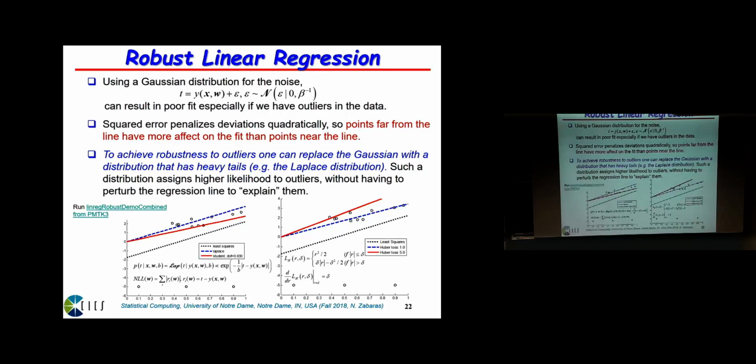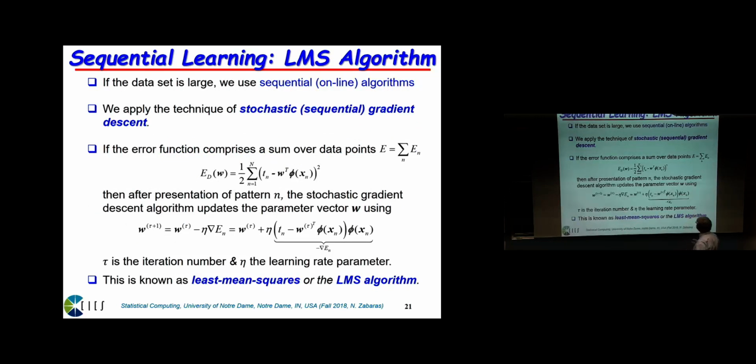I told you I'm going to be throwing lots of little things in between without proofs. They're in the notes. So let me tell you something that is wrong here. The error that we minimize accounts for the square distance of my predictions from my regression function from the training values Tn.